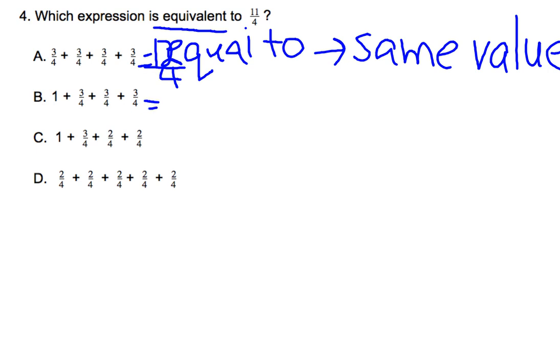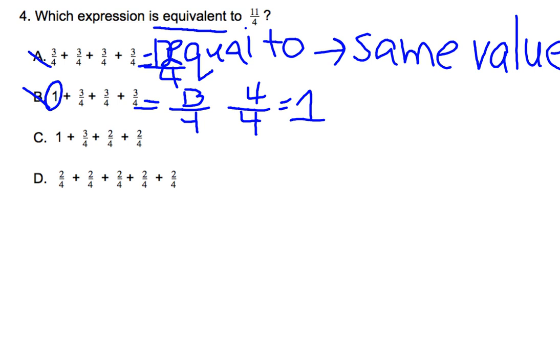Choice B is one whole, right? Which is 4/4. So 4/4, 3/4, 3/4, 3/4: 3, 6, 9, 10, 11, 12, 13. This is 13/4. Remember, one whole is 4/4, right? So keep that in mind. So choice, process of elimination.